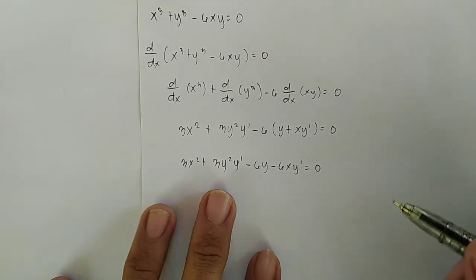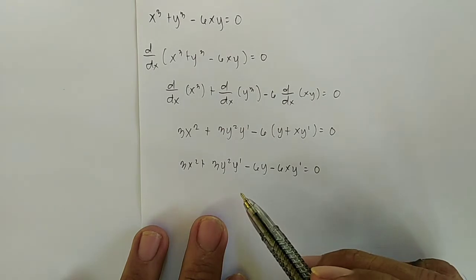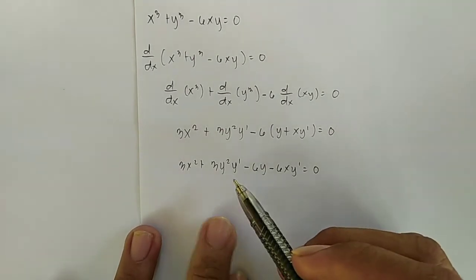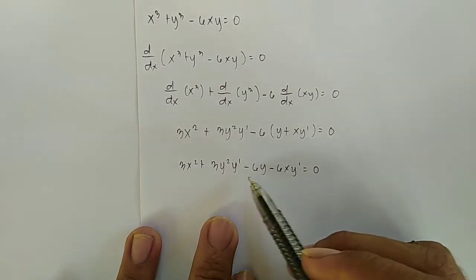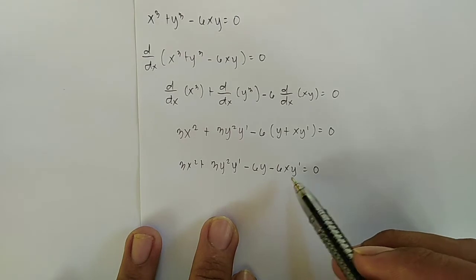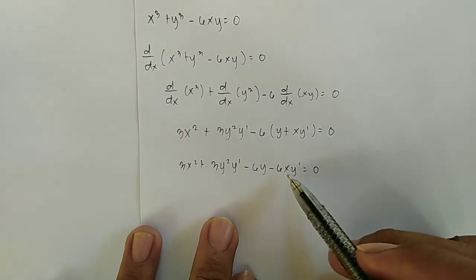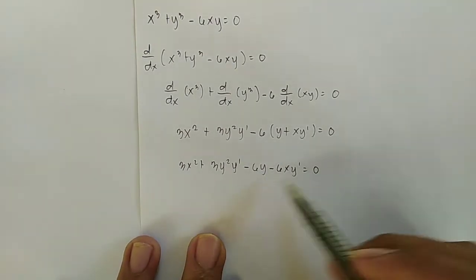Then afterwards, combine expressions with the same terms. As you notice here, we have y prime common to these two expressions: 3y squared y prime and negative 6xy prime. So we have to transfer 3x squared and negative 6y to the other side.